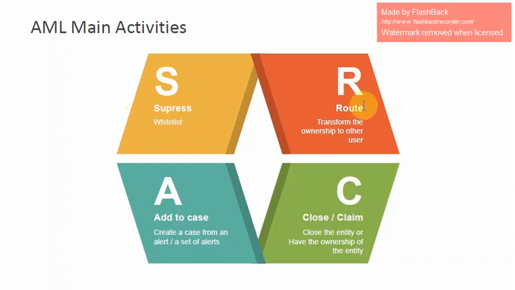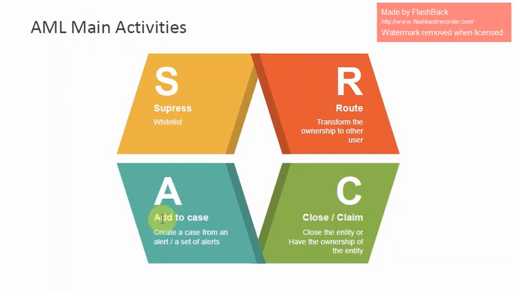All right. Second, we can route. We can move the ownership of the entity from a user, from an officer for example, to another. All right. We can add to case. That means we found some suspicious activity and we need to create a case from the alert, for example, or from the notification. All right.